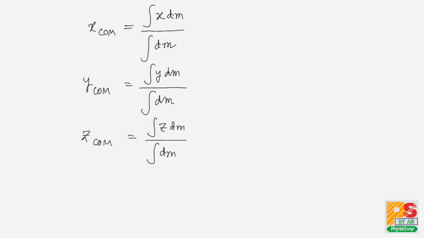Now what is dm? Suppose this is the body, dm is an infinitesimal small element of mass of that body. This is dm, and I hope you know that while calculating center of mass we always take a point as the origin of the coordinate system.